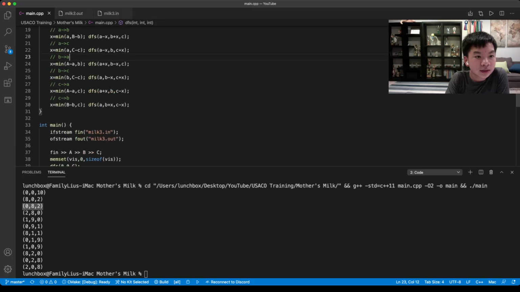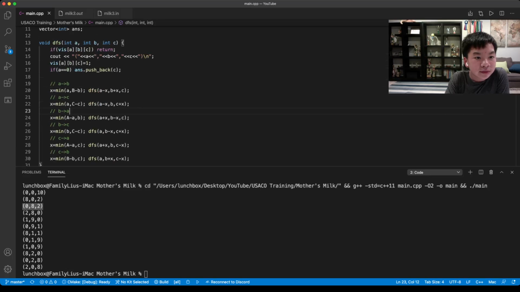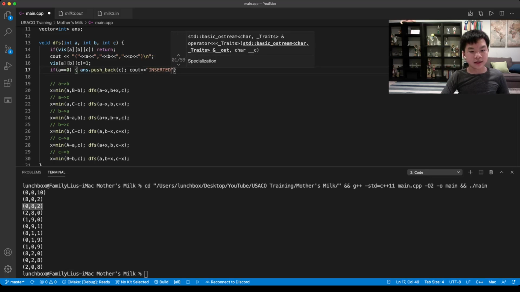Okay, so A equals 0. Or we can basically print here. Basically, we just print if it inserted or not.